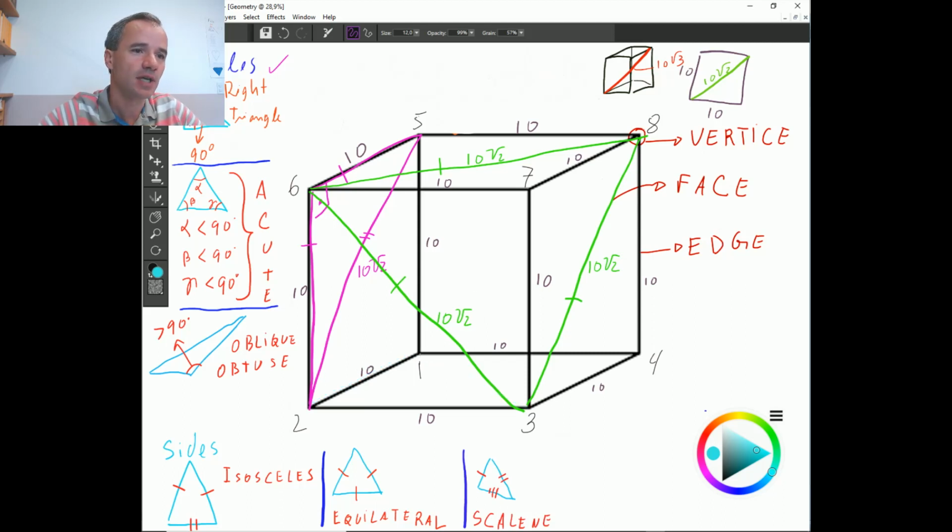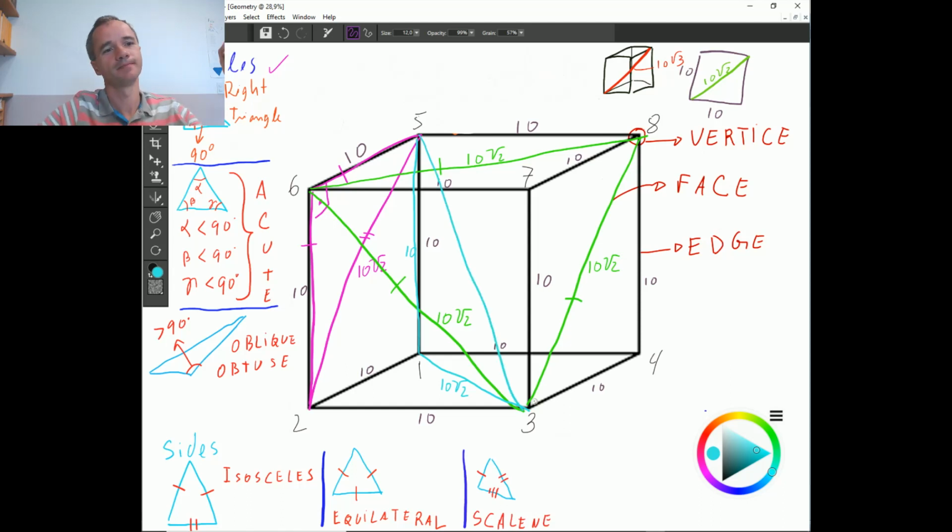Let's take this one. This is the diagonal, so this is going to measure 10 square root of 2. Agree? Now this one is the side, and the side has length 10. Now, what is going to be the next side, and it has to be a different one? This one, the cube diagonal.